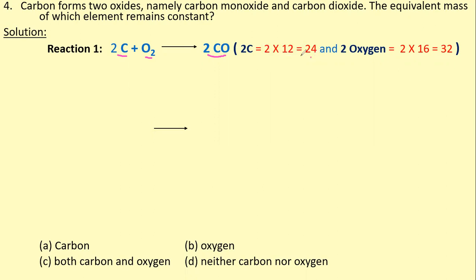We get the answer 24. And now 2 oxygen. Here this is a reactant, carbon monoxide is the product. For the atomic mass of 1 oxygen, it is 16. Now 2 moles are there, so 2 into 16 will be 32. Now we have to simplify it.